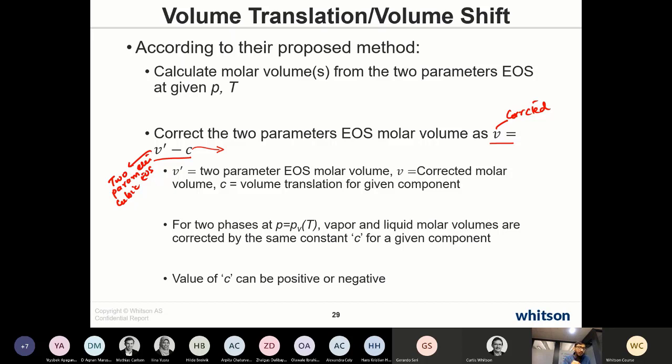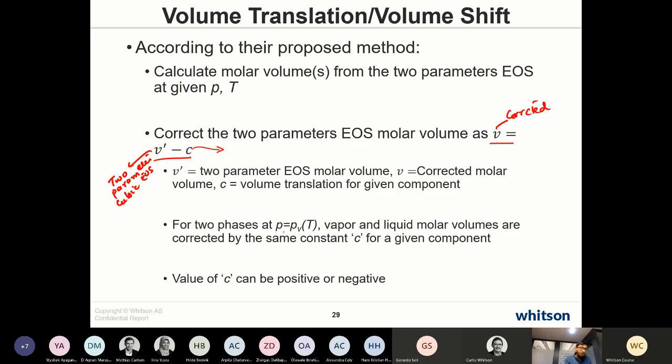And you see that this is a very simple correction. You're just doing the correction on the molar volume after doing your EOS calculation. And the best thing about this correction is that it is very simple, and it doesn't affect any phase behavior or vapor liquid equilibrium calculation.